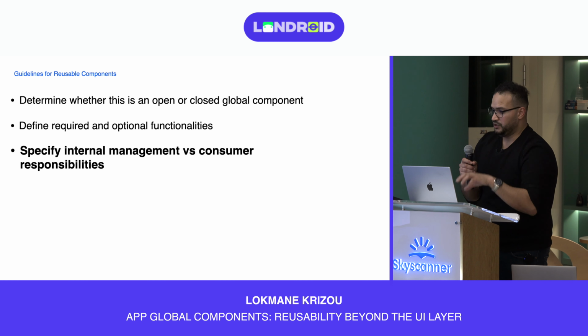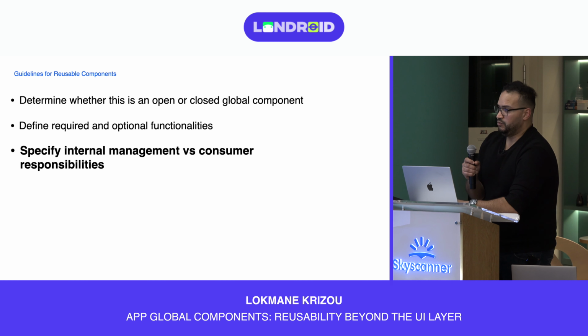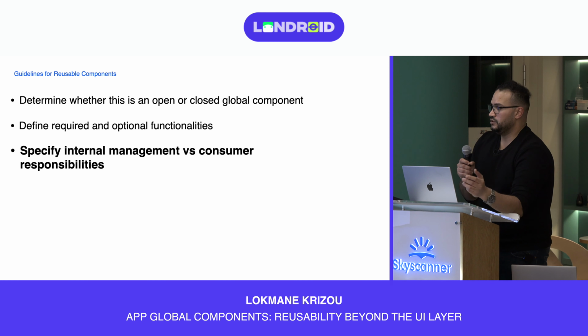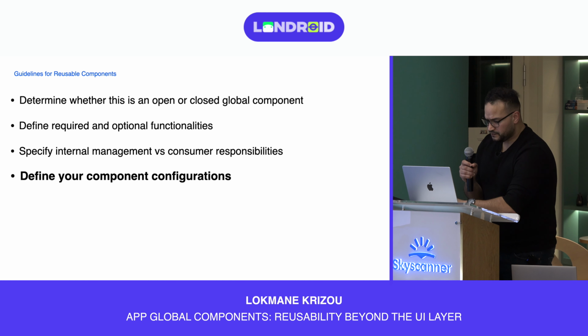We can just implement it internally and expose a configuration to either enable or disable it. And for the data sources, like the results, we need to get them from every single consumer, so that should be handled by the consumers and go to their responsibilities.